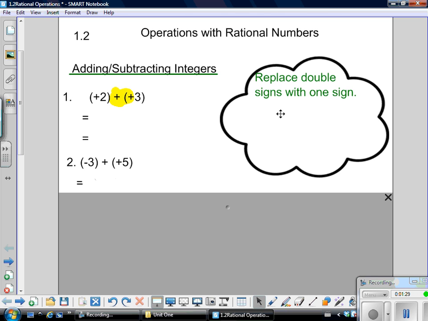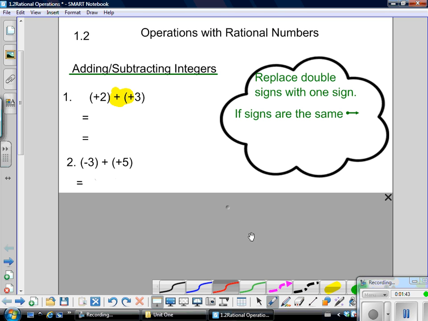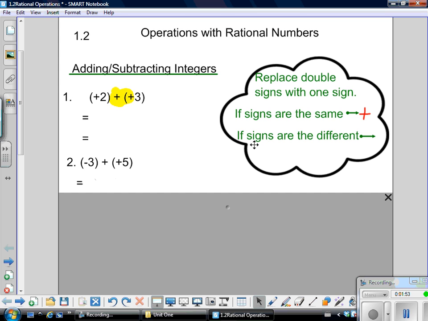Well, if the signs are the same, such as two positive signs or two negative signs, right beside each other, we're always going to replace it with one positive sign. Now, if the signs are different, if one is negative and one is positive, then I'm going to replace it with a negative sign.